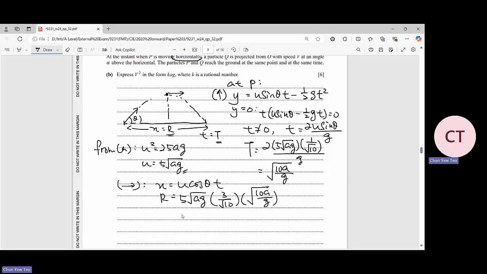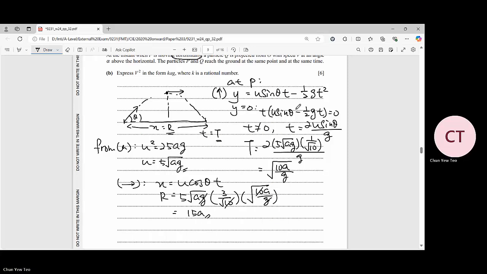If we simplify them, you can see that the 10 and 10 cancel, and the g and g cancel. So you will get 15a. The range is actually 15a.